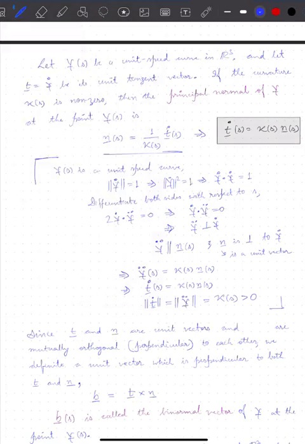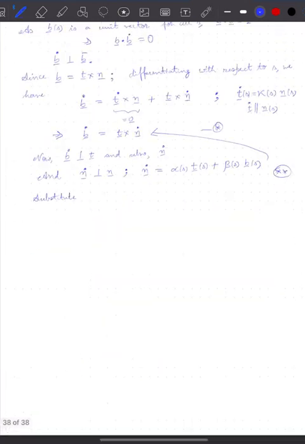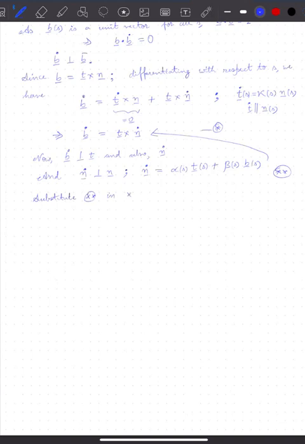Substitute double star in star to get V dot is equal to T cross alpha of S plus that.